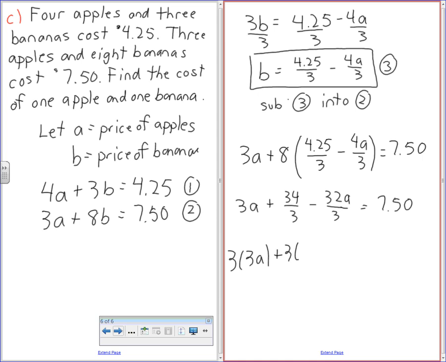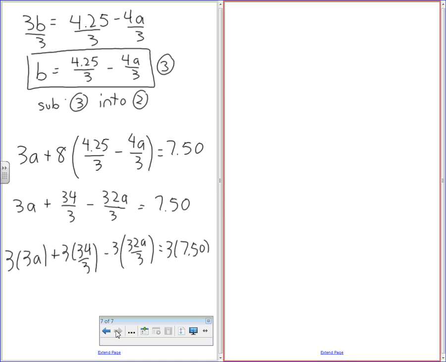Right, because that's the problem. So we're going with 9a plus 34 minus 32a equals 22.5.